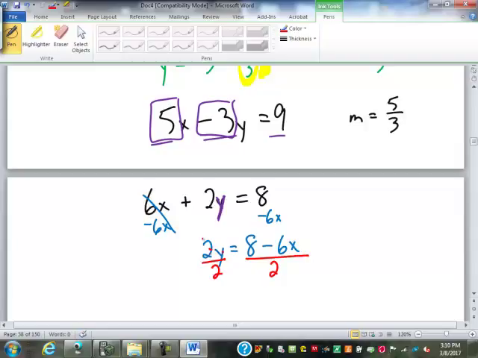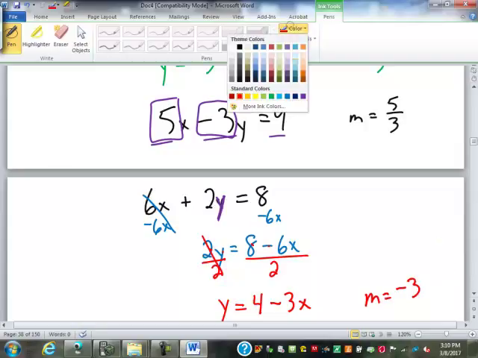So 2y divided by 2, the 2's just cancel out, giving me y. 8 divided by 2 is 4. Negative 6x divided by 2 is negative 3x, right? So my slope here is just negative 3.